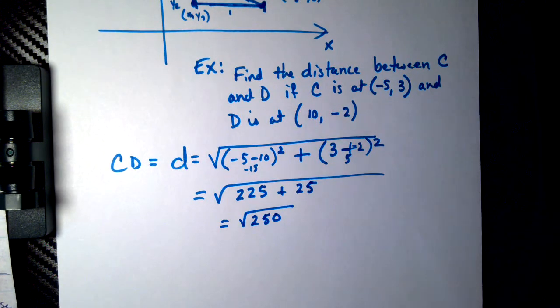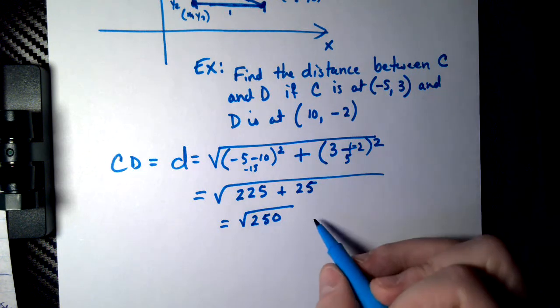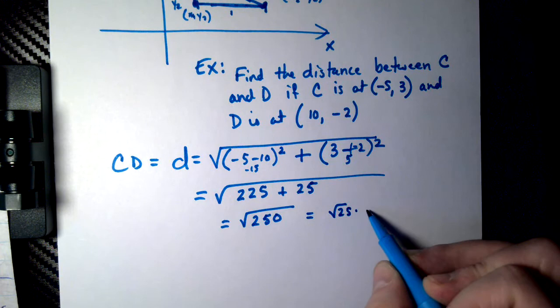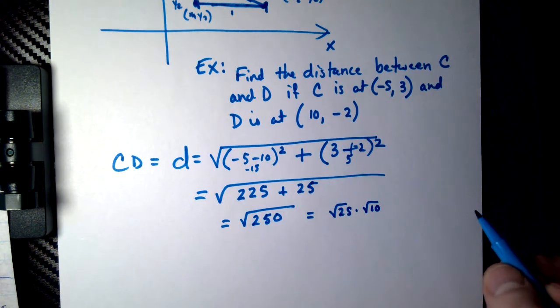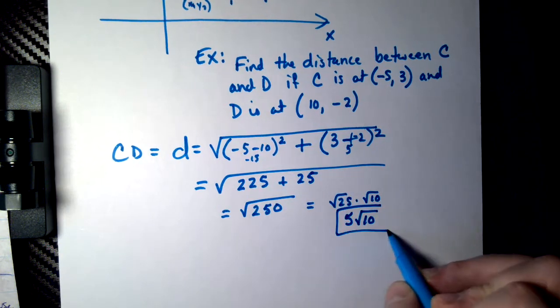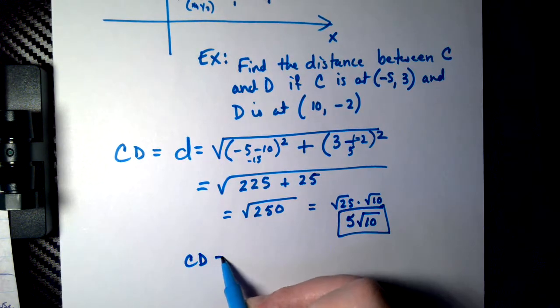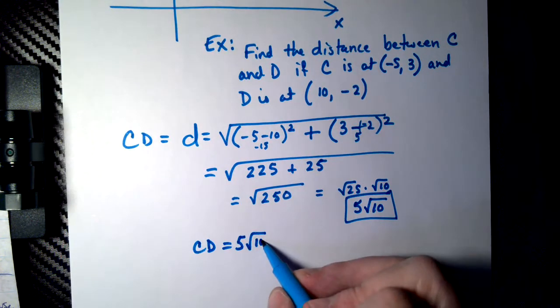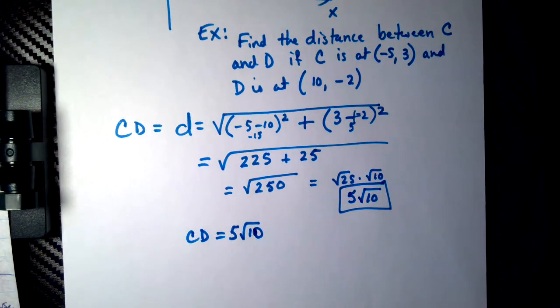So sometimes they say, hey, round to the nearest tenth, use your calculator, get a decimal. But this one, we'll put it in simplest radical form. Think of it as 25 times 10. And that becomes 5 square root of 10. So the length of CD is 5 square root of 10.